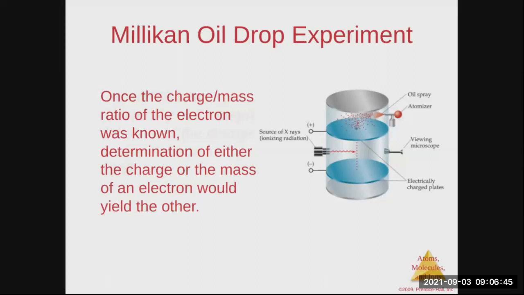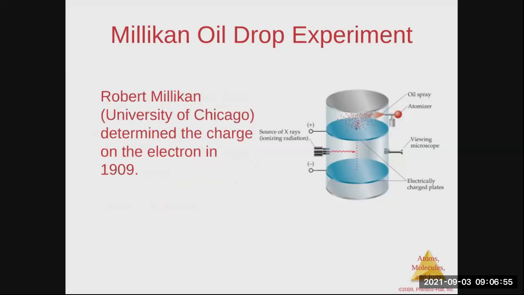And using this information, as well as the work of J.J. Thomson, Robert Millikan determined the actual charge on the electron in 1909. Now, you recall that what J.J. Thomson did was he looked at the ratio. In other words, compared to the size of the electron, which is very, very small, the charge was large.